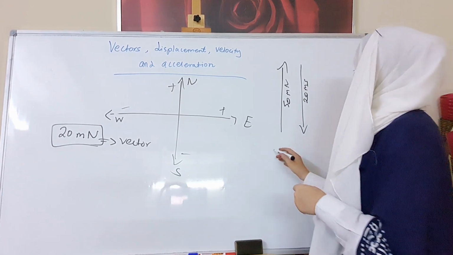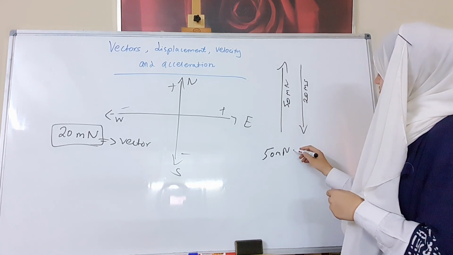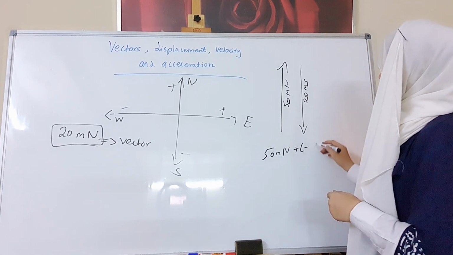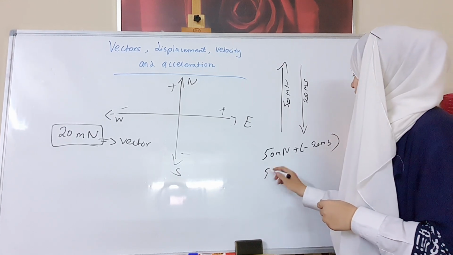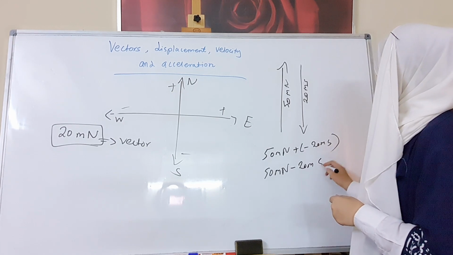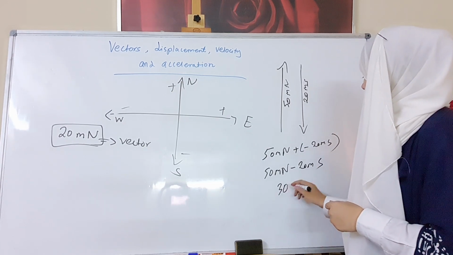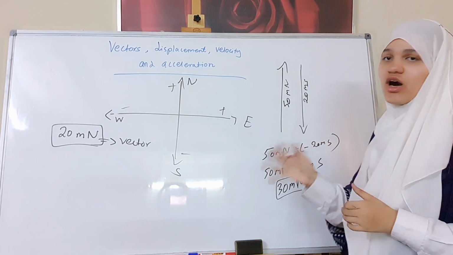So here what we're going to do is 50 meter north plus minus 20 meter south. So here 50 meter north minus 20 meter south, meaning that it will be 30 meter north. Okay, that was for subtracting of vectors.